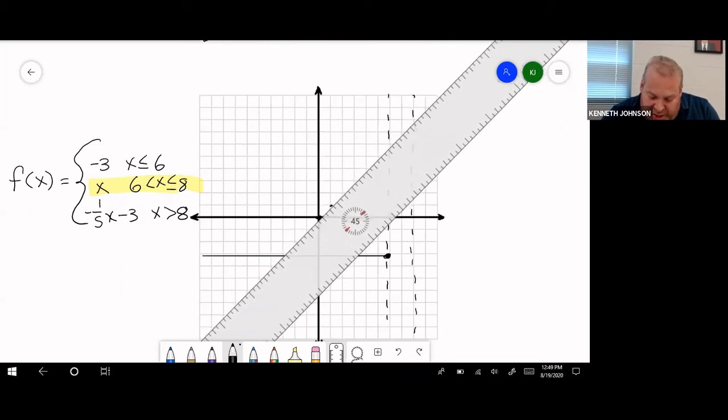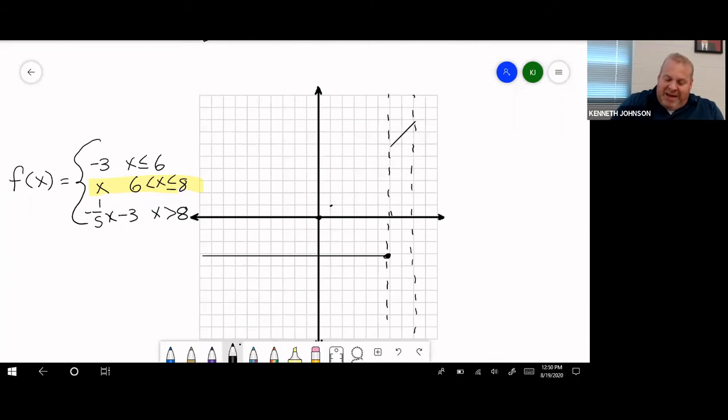So I'm going to take my little ruler, and then between 6 and 8, I'm going to draw my line. And then I have to look at the ends. So at 6, it can't be equal to, so it's an open circle. At 8, it is equal to, so it's going to be a closed circle.